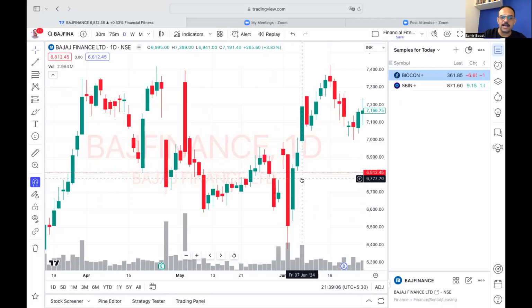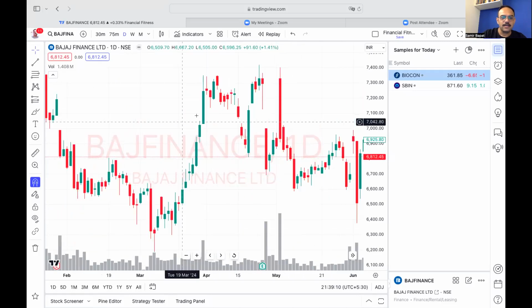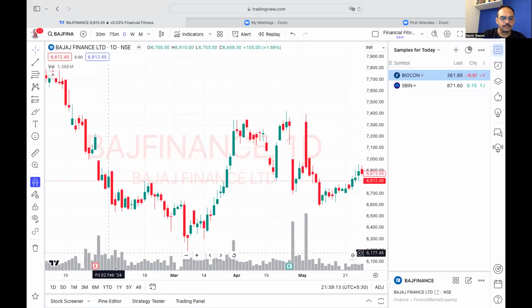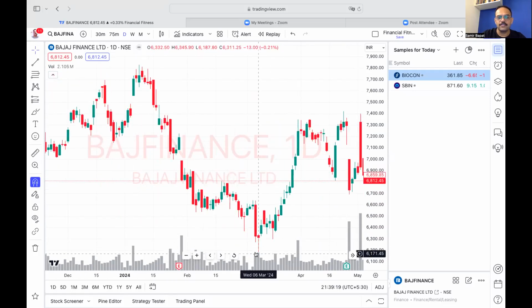You have to go back in history. So how you should practice is simple. Open any chart, go back, scroll back. Wherever you see this V shape, you should be able to see some volume. Then see, okay, this volume is more than average, what happened, which pattern is this.